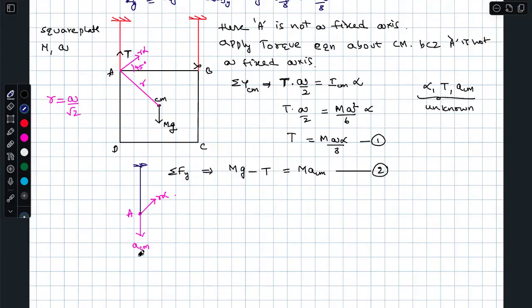So therefore, along the string, the acceleration of A must be 0. Why? Yes, good. I feel proud of my students all the time for this reason. Length of the string is constant.